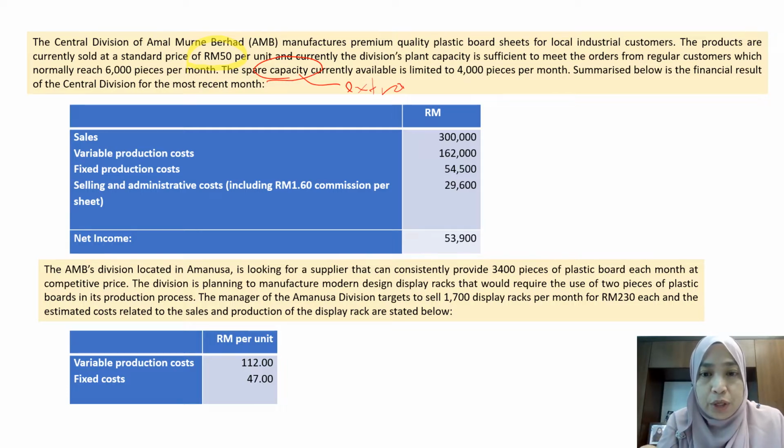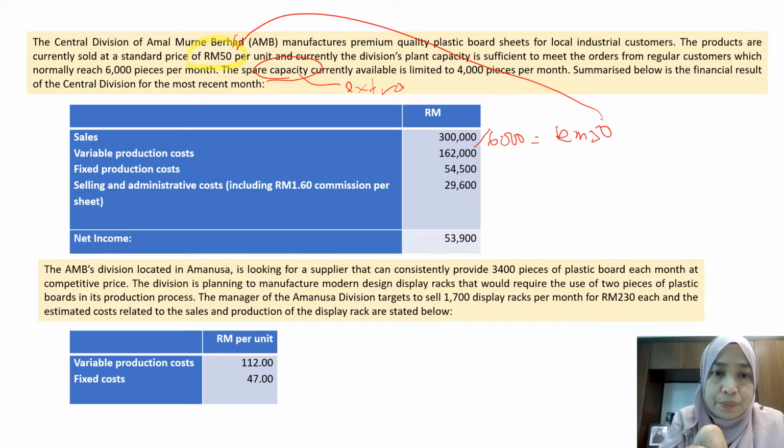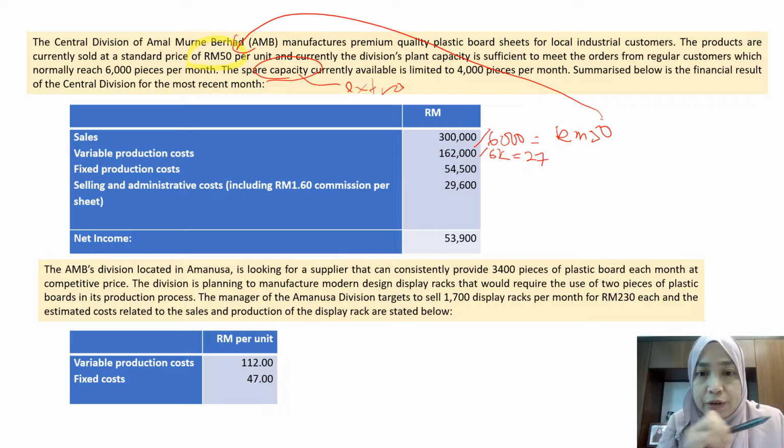From here we can check the selling price per unit. You divide by 6,000, then you will get 50 ringgit, which is equivalent to the selling price stated in the second sentence just now. Then variable production cost 162,000, you divide by 6,000, you will get 27 ringgit per unit.